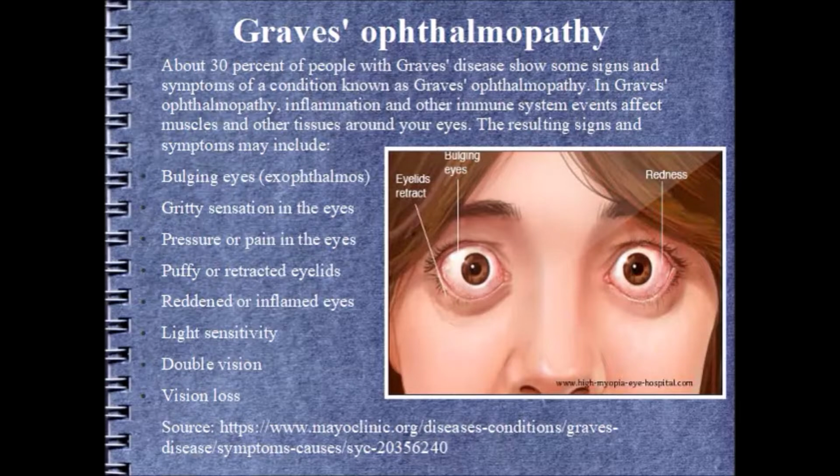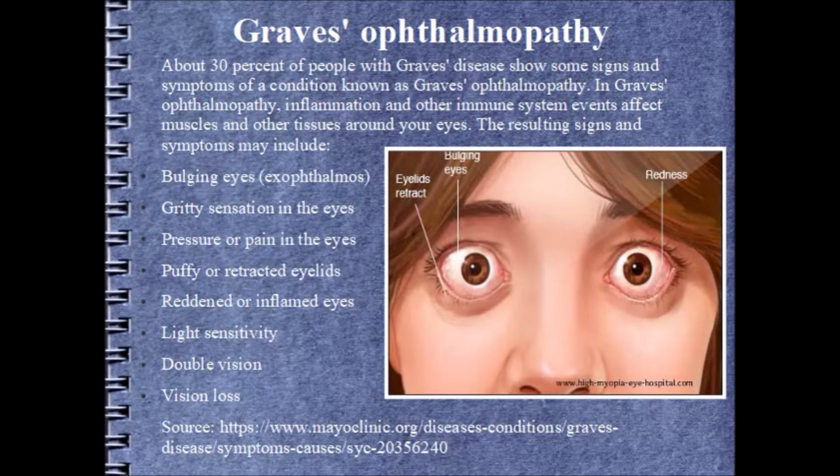So here we have Graves' disease, also known as Graves' ophthalmopathy. About 30% of people with Graves' disease show some signs and symptoms of a condition known as Graves' ophthalmopathy. In Graves' ophthalmopathy, inflammation and other immune system events affect muscles and other tissues around your eyes.